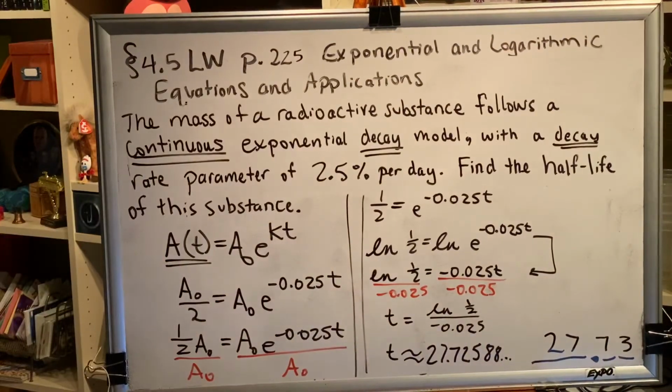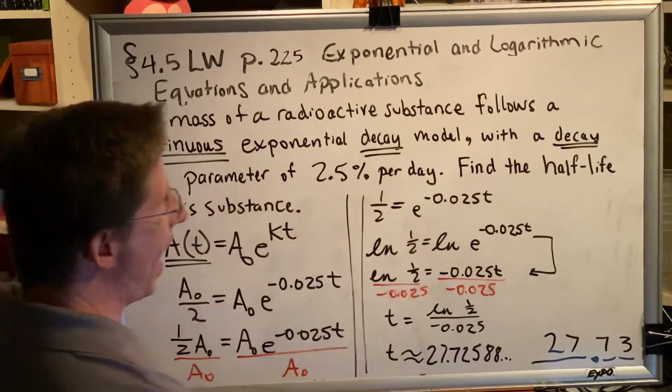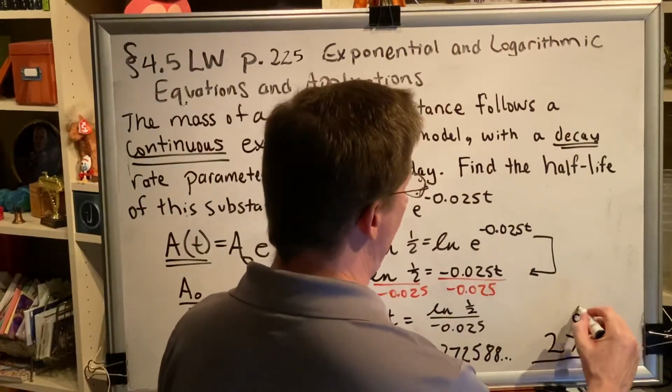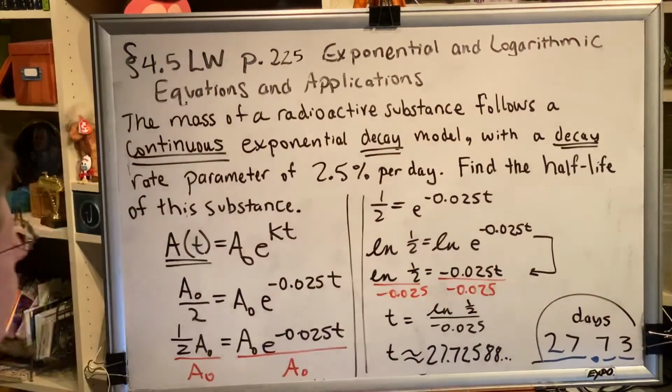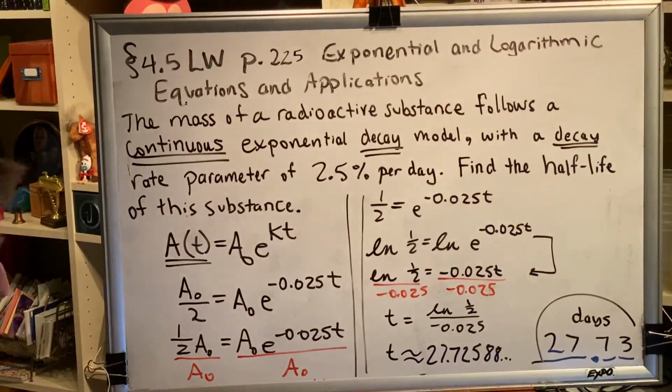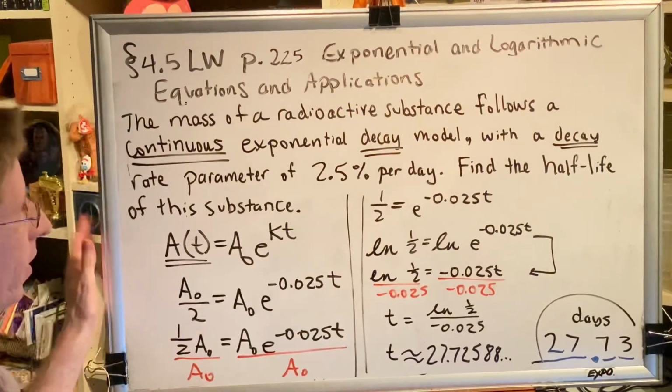And since this is asking me for time, the length of time, and this says per day, this is representing the number of days. So 27.73 days is the half-life of this particular substance.